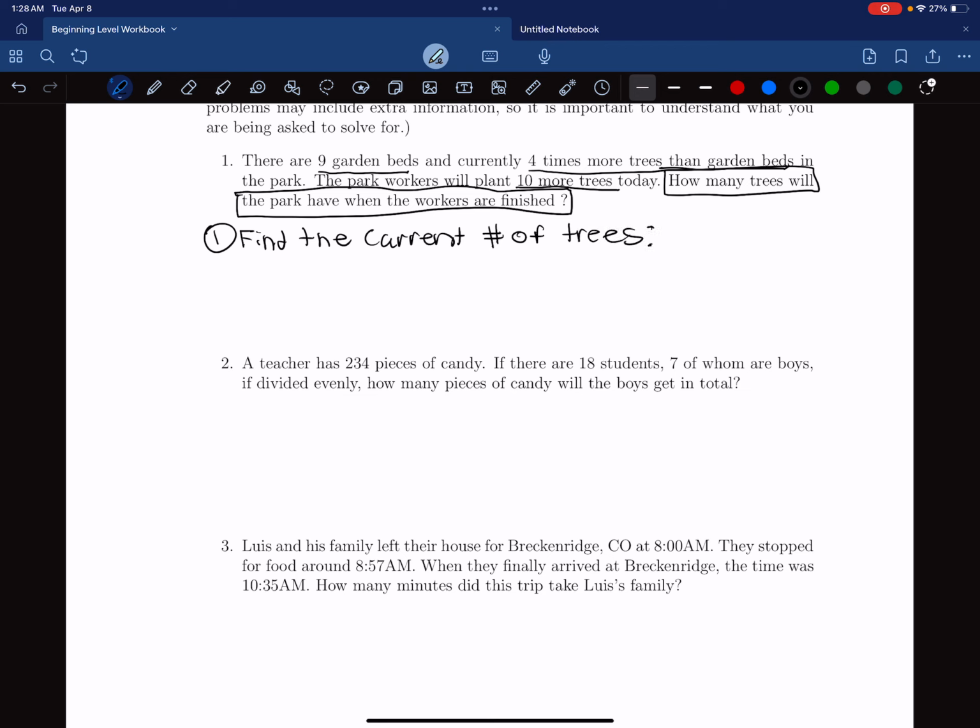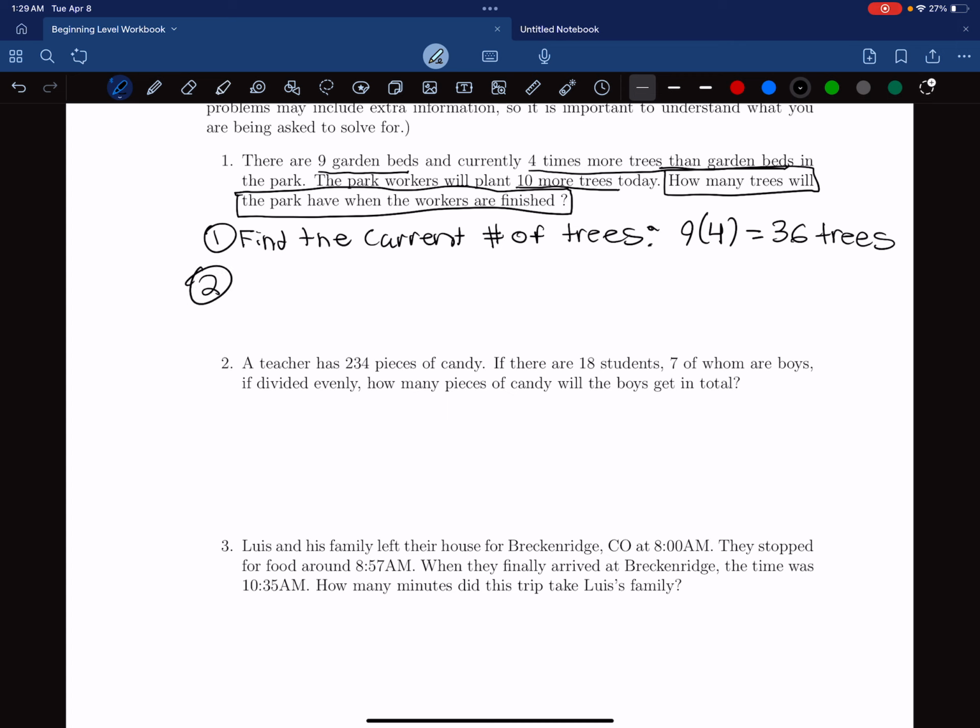We know that there are 9 garden beds and 4 times more trees than garden beds, so we're going to take 9 and multiply it by 4. Because 9 times 4 is 4 times more than 9. So 9 times 4 is 36. So we have 36 trees currently.